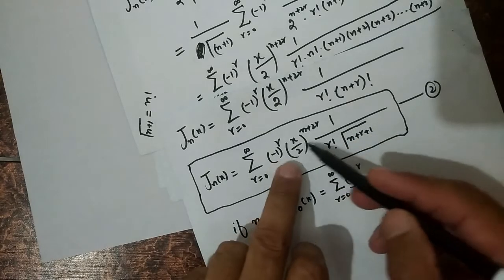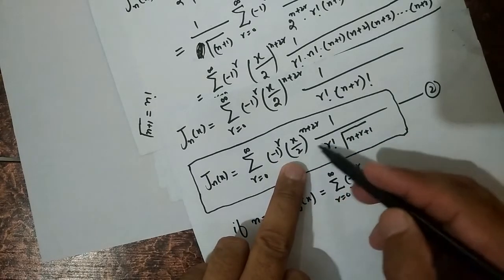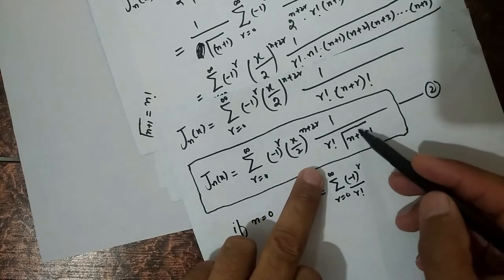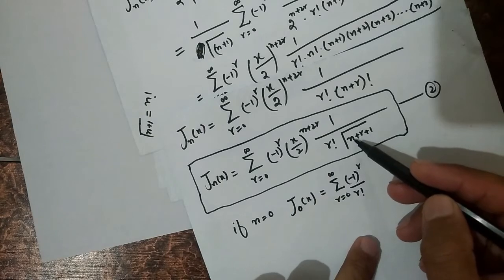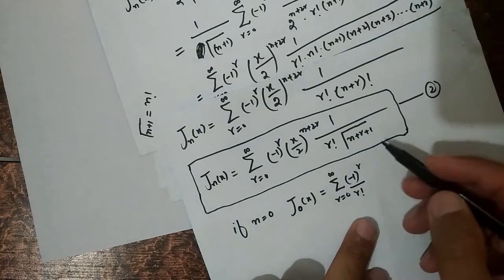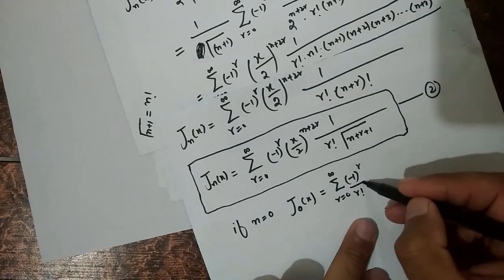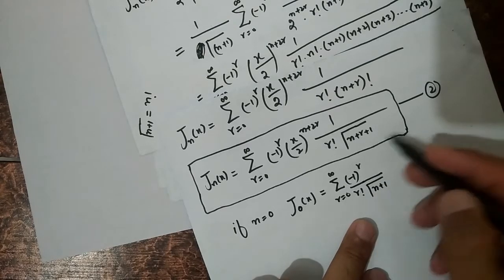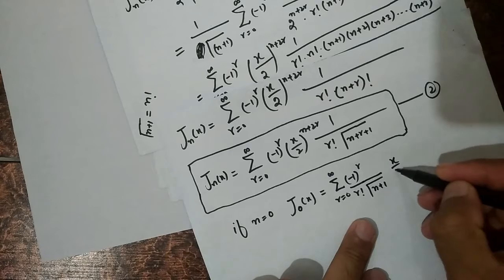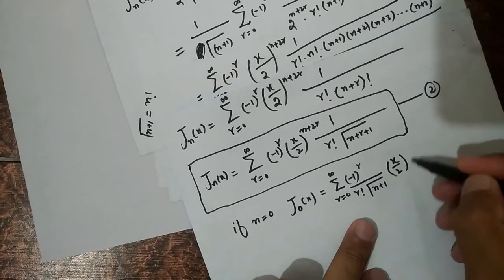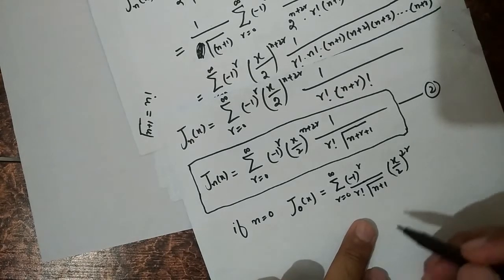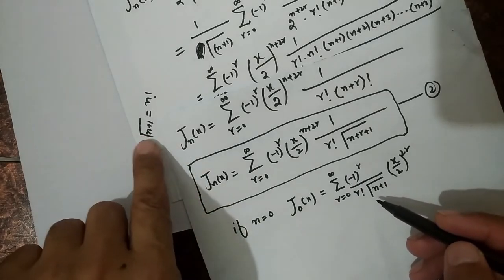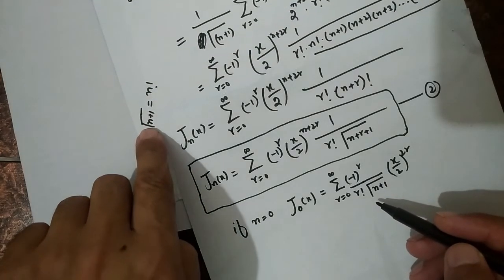And similarly this term, let me write it after it, and this gamma n plus r plus 1 will become gamma n plus 1, and x divided by 2 to the power 2r. Clear? And gamma n plus 1 is n factorial. Clear?